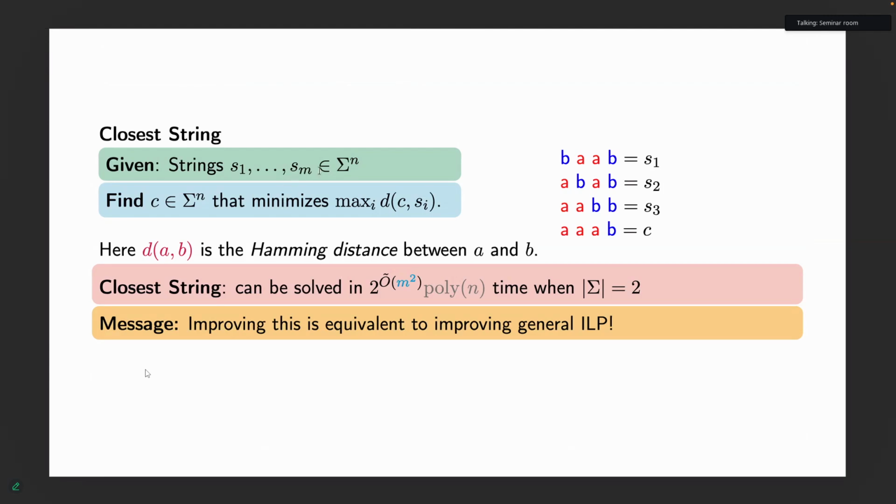N is the length, yes. So there are different parameterizations that parameterize by the length. These are a bit different. By this general ILP, you mean this binary? Yes, with some bounds.